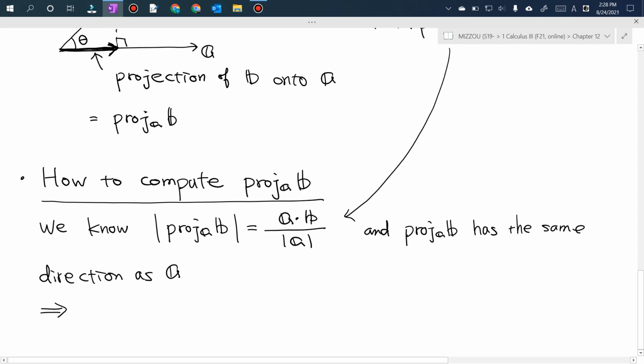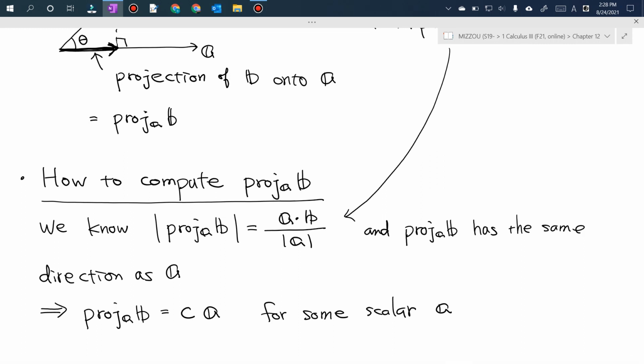This implies proj AB is a scalar multiple of the vector A for some scalar. That's the meaning of two vectors being parallel to each other. Two vectors are parallel if and only if one is a scalar multiple of the other, because if two vectors are pointing in the same direction, then by multiplying an appropriate scalar to one of the vectors, you get the other one.